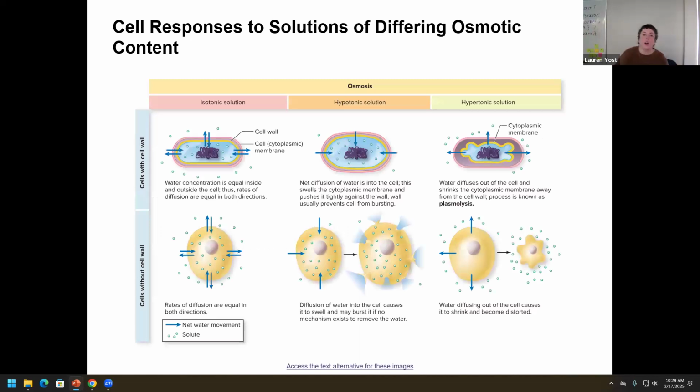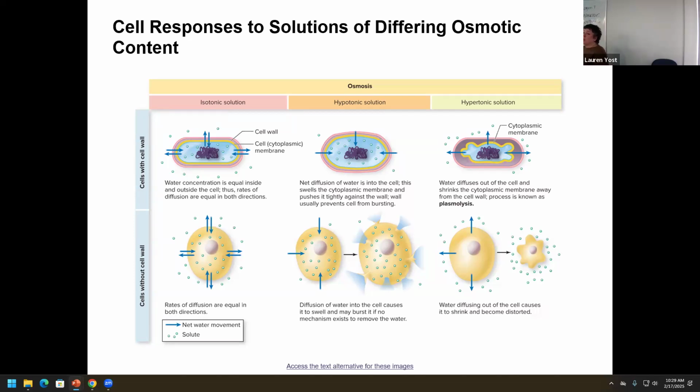So here's our picture of these different situations. Isotonic, things are the same concentration inside as out. Everything's just normal, copacetic. Hypotonic solution, it's more watery outside than it is inside the cell. I've already told you guys, cells are about 95% water. If we were to put you in pure water, obviously pure water doesn't have anything in it.